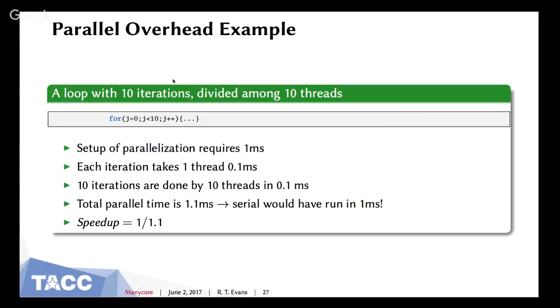But the overhead was so high, my total time is now 1.1 milliseconds, where if I just run it serially, it'd be 1 millisecond. And so what's really going on here is there's not enough parallel work to justify the parallelization, to justify the overhead.